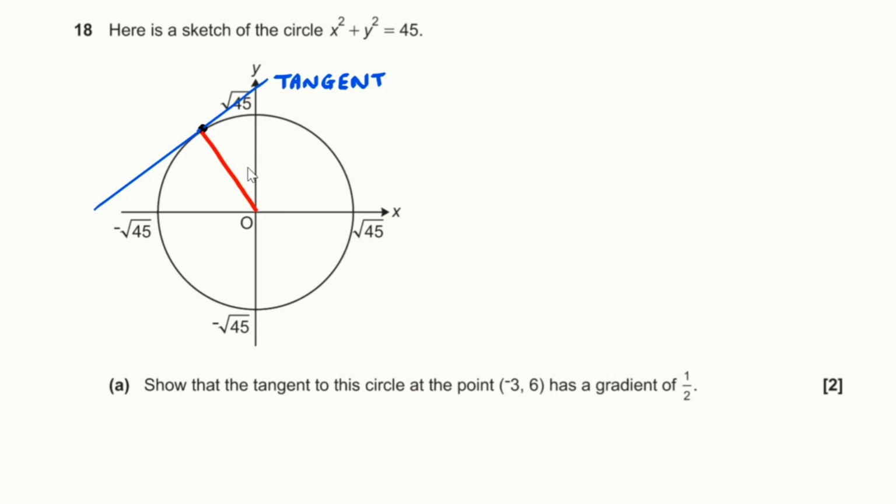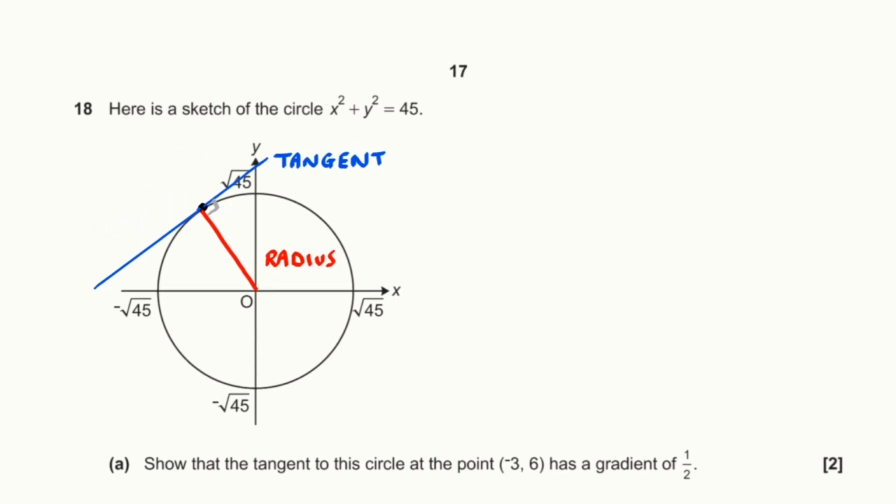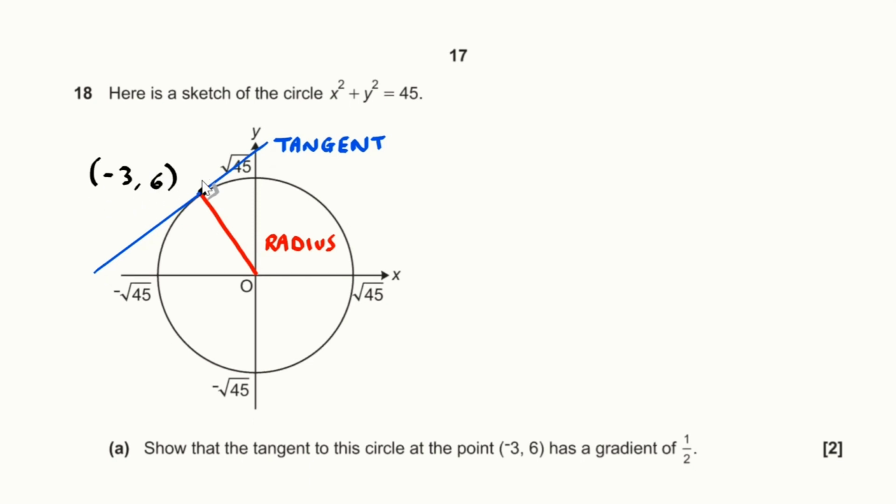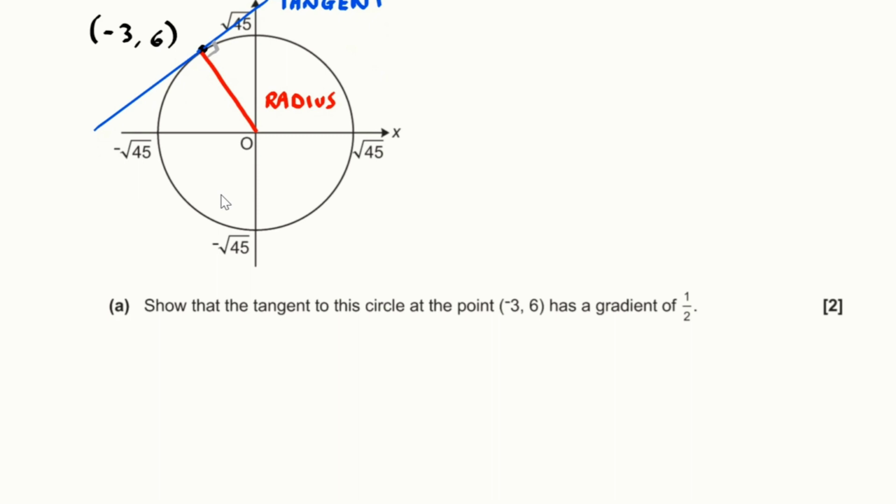So here we've got the radius, and we know that the radius and the tangent are perpendicular to each other. We've got the point minus 3, 6 here. So what we can do is find out the gradient of the radius.